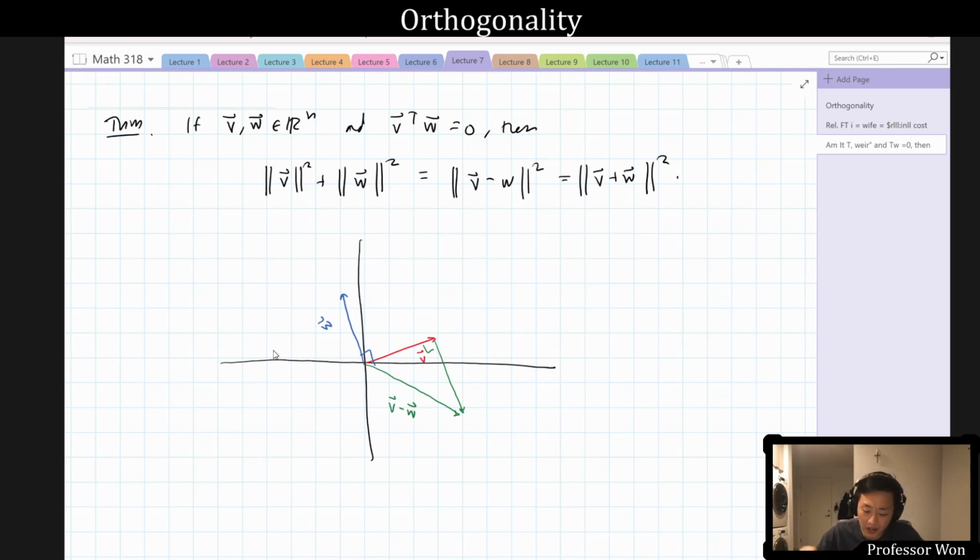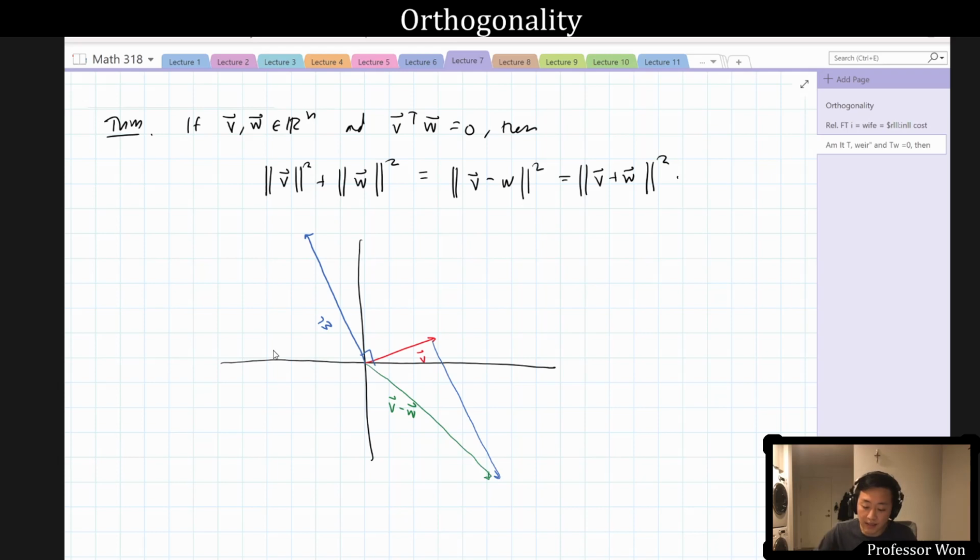Maybe I should make w longer. Let me do that to make it more illustrative so it's clear what I'm doing. Let's make w much longer. Then v minus w is you take v and you subtract off w. So it's the vector going in this direction. This vector is v minus w.